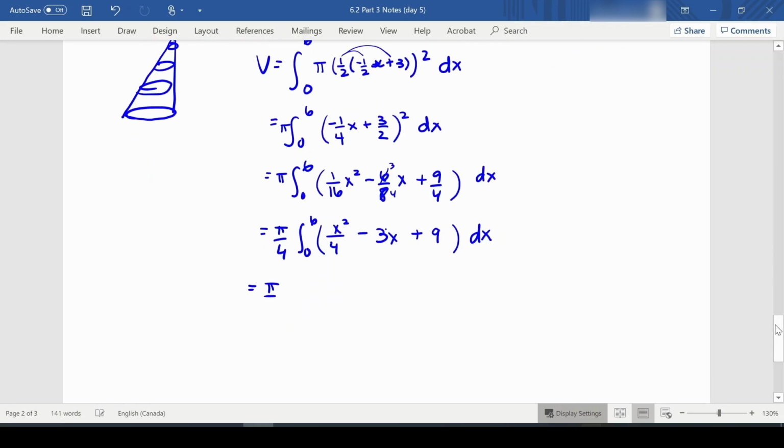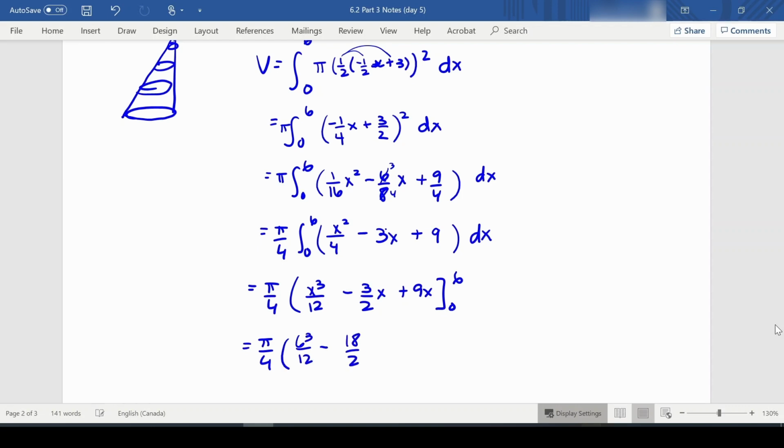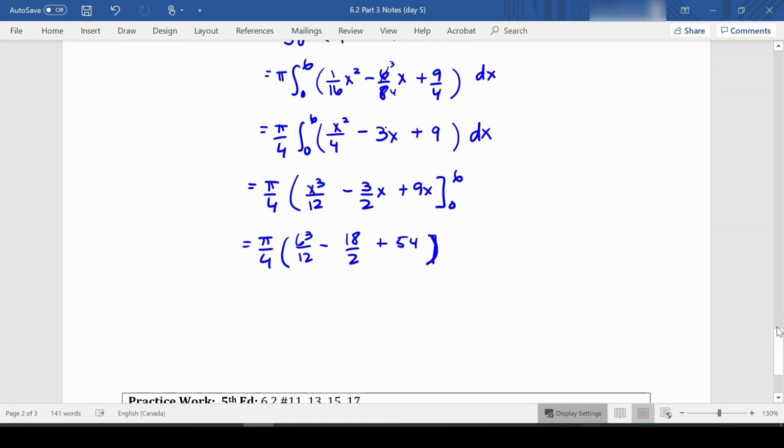This gives us pi over 4, x cubed over 12 minus 3 over 2 x squared plus 9x from 0 to 6: pi over 4, 6 cubed over 12 minus 18 over 2 plus 54 minus 0, technically. This gives us pi over 4.